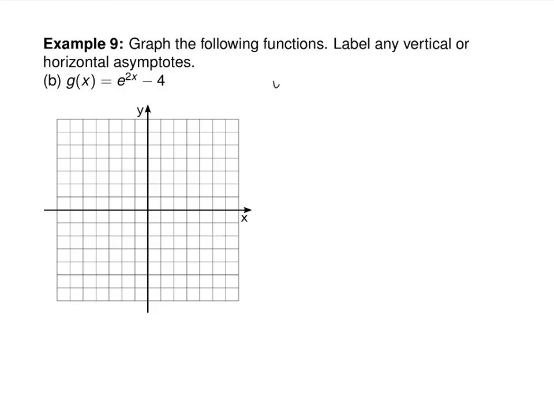You take the function that's e to the 2x, and what do you do to it? Shift it down 4. All right, e to the 2x. Well, what's a good number to plug in? 0. When you plug in 0, what do you get out? 1. So you go through that point. What is e approximately equal to? 2.71.